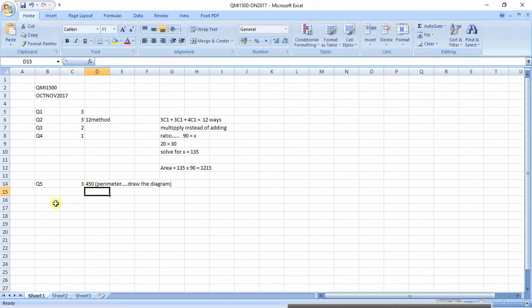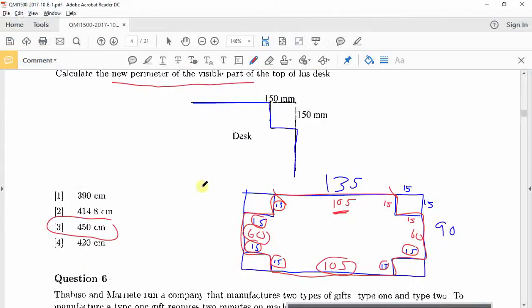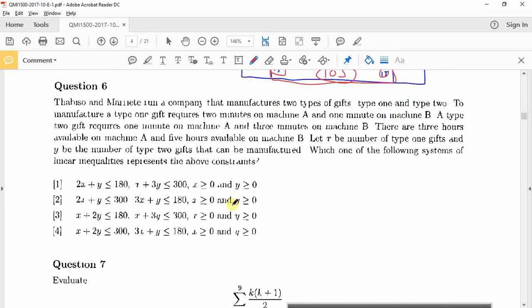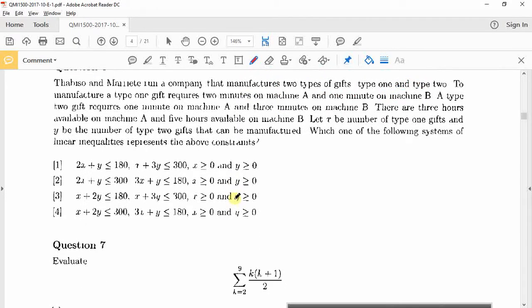Okay, you have to draw there. Question 6. Okay, alright. What's question 6 asking about?